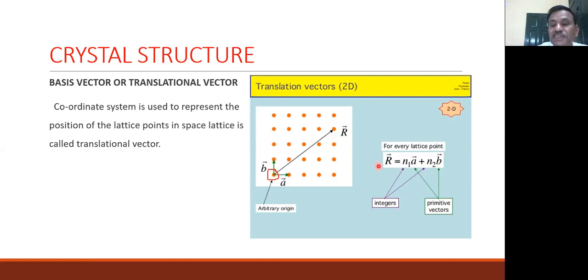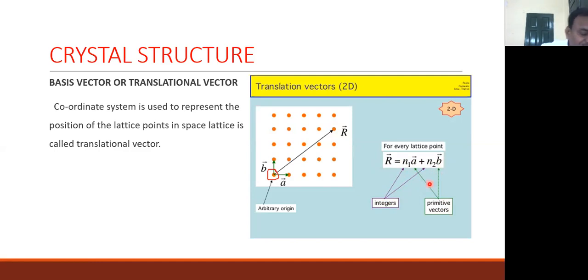It is represented by the vector r equal to n1a plus n2b. What is n1 and n2? n1 and n2 are the integers. And a and b are the primitive vectors or unit vectors along the x direction and along the y direction.